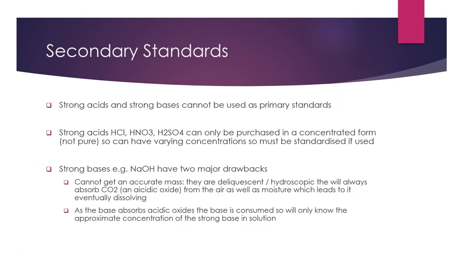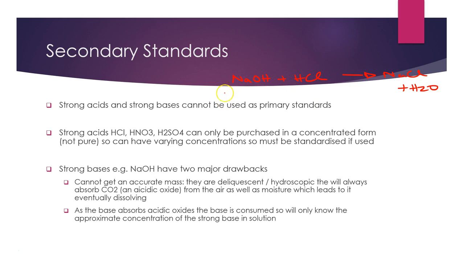So there are primary standards, and there are a number of things that can't be used as primary standards because they will react. The example I used before in an analysis that we might do between sodium hydroxide and HCl, in this case, neither of these compounds would actually be suitable to be a primary standard.